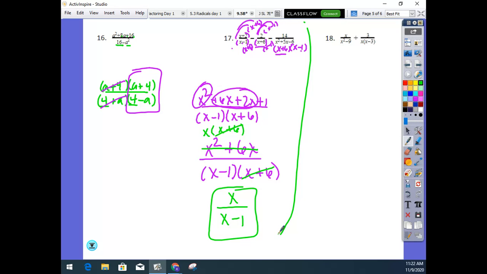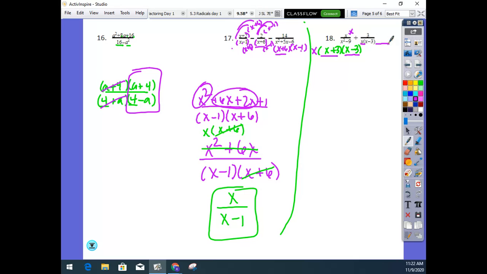All right, so this side is already factored. We just need to factor this side. X plus 3, x minus 3. Now, I have an x plus 3 and I have an x minus 3. See how this side has a plain x? This side needs a plain x, so I multiply top and bottom so they have the same.